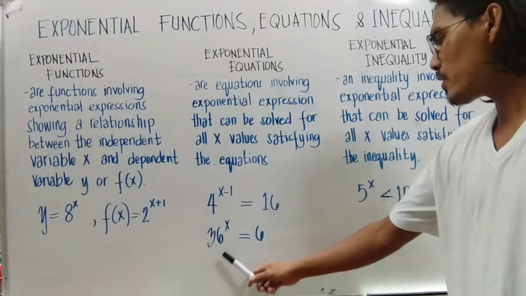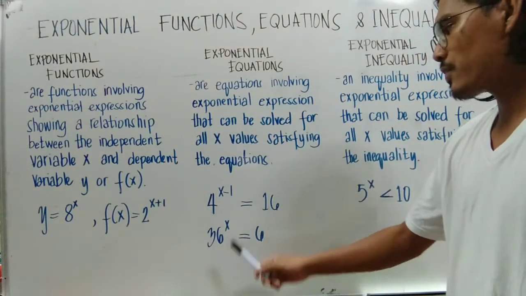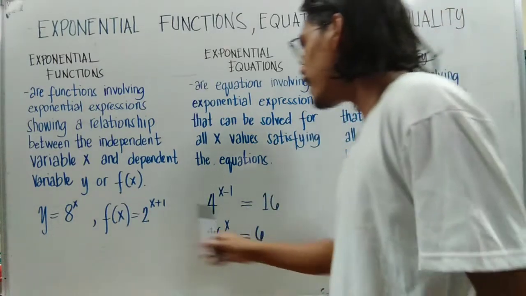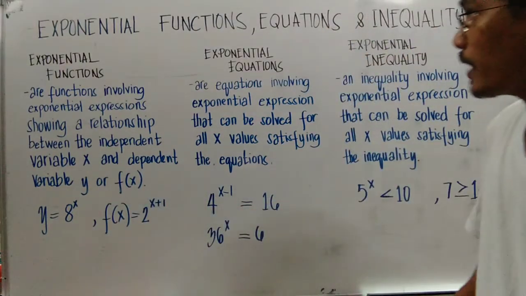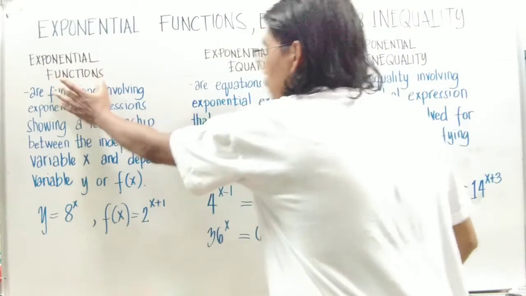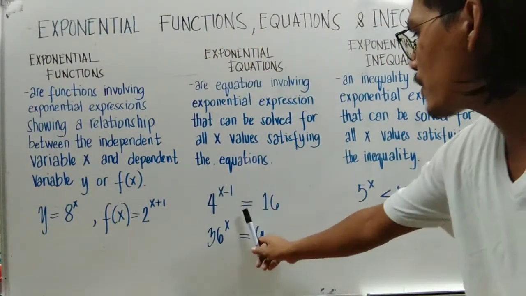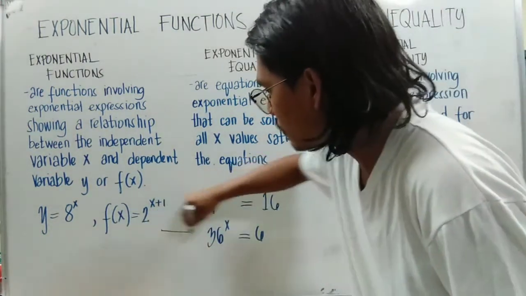And we have 36 raised to x equals 6. As you can see, exponential functions and exponential equations share the same symbol. They are using the equal symbol.